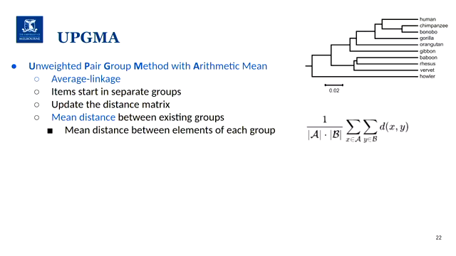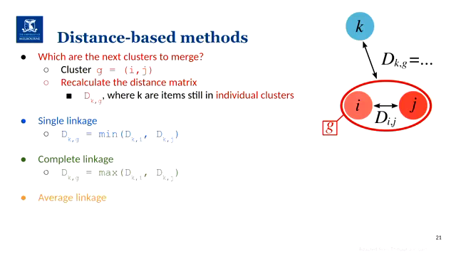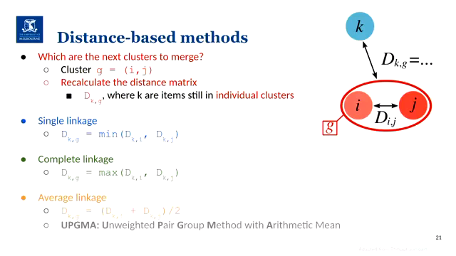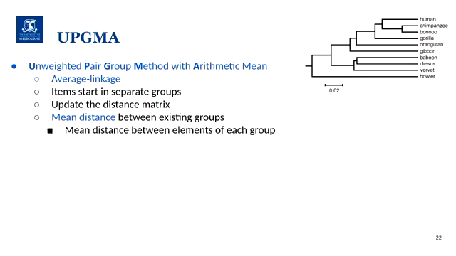All right? So if you have two sequences, it is just the average between the two. If we have two groups, we'll consider the distance between all items of this group with all items of this group. We'll get an average. Okay? It's a very simple approach.